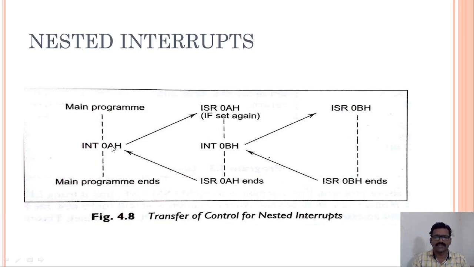While executing 0A, 0B occurred. Then the microprocessor suspends execution of ISR 0A and the control is transferred to the ISR of 0B. We call this a nested interrupt. That means an interrupt occurs while executing another interrupt.